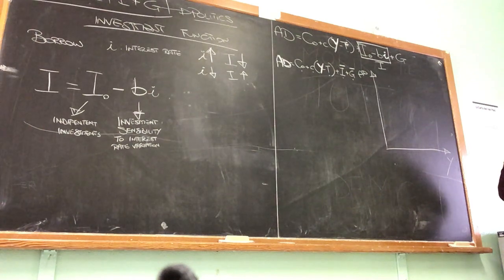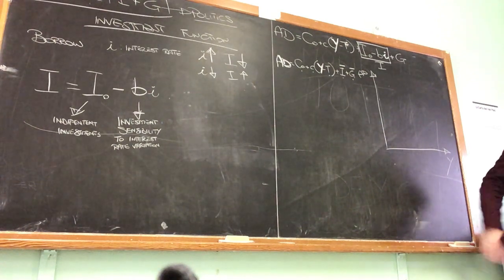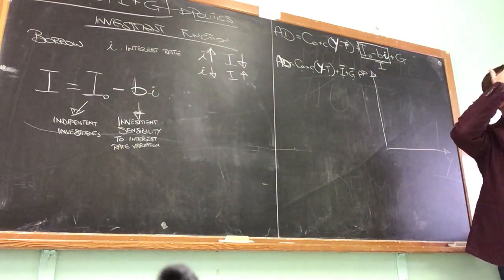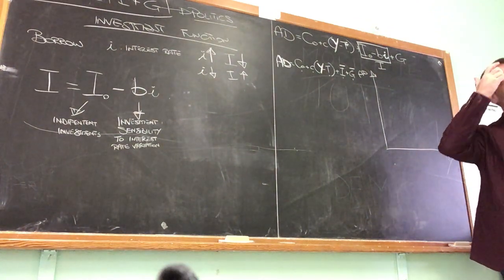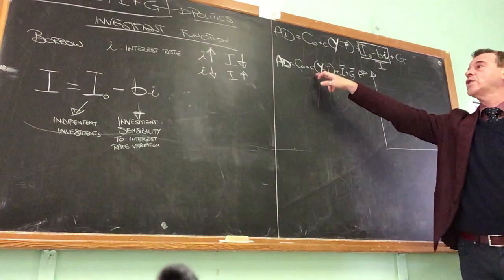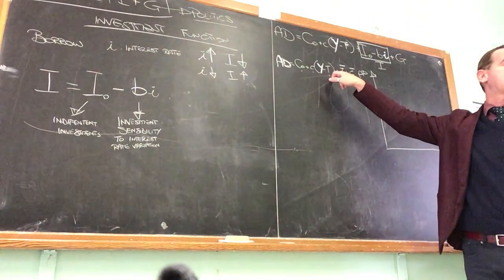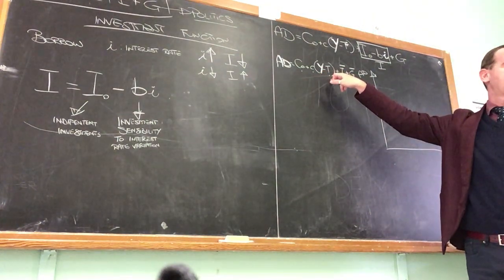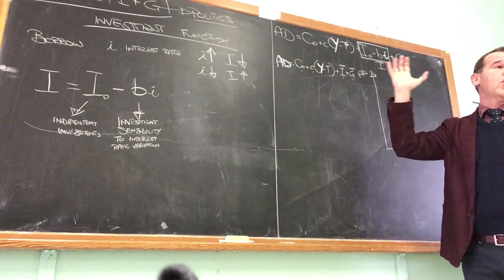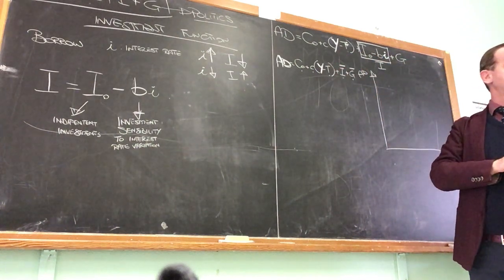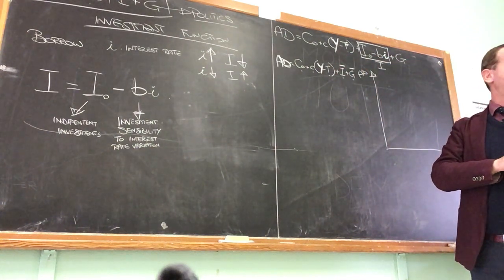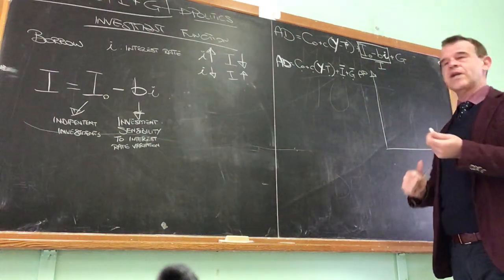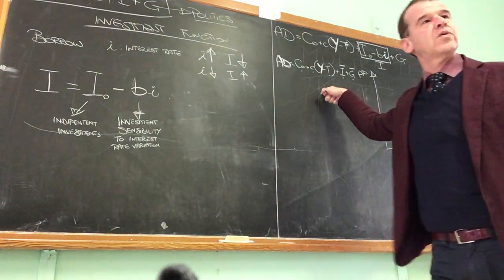Try and solve the function. I will do it on the blackboard, but try and do it by yourself. Of course, the first thing you need to do is to solve the parentheses and to put all the numbers together.